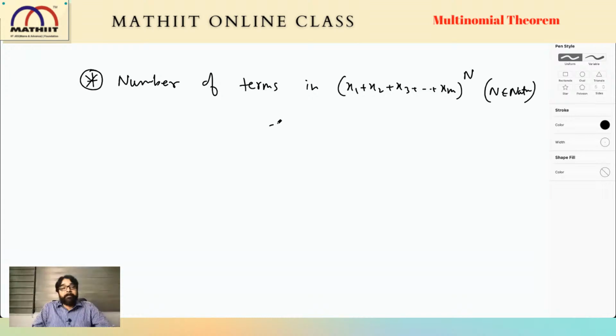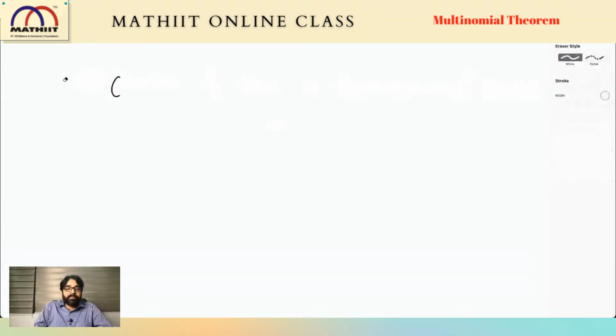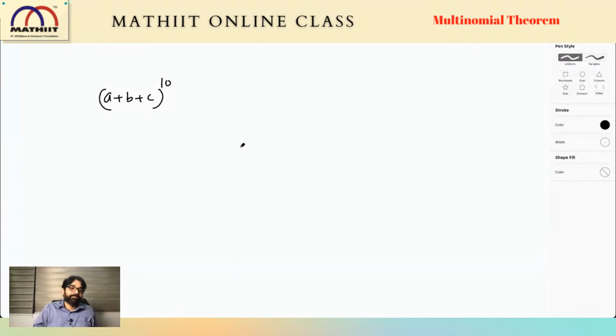If I say I want to expand this, everyone watch it, please. (a + b + c)^10. This I want to expand. There will be a term a power 2, b power 3, c power 5. Yes or no?